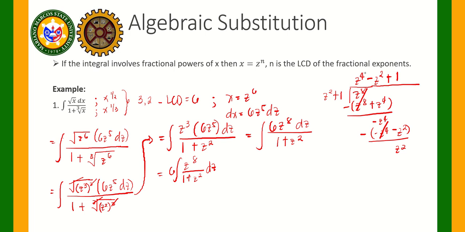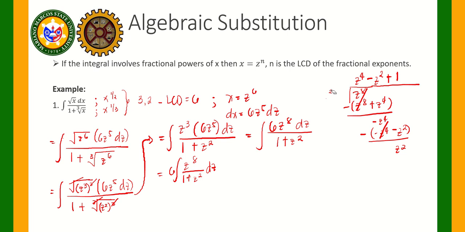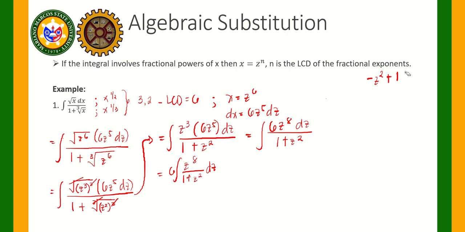Correct ko lang. Ulitin na lang natin yung division. Nagkamali kasi ako. Okay. So, we have z raised to 8 divided by z squared plus 1.